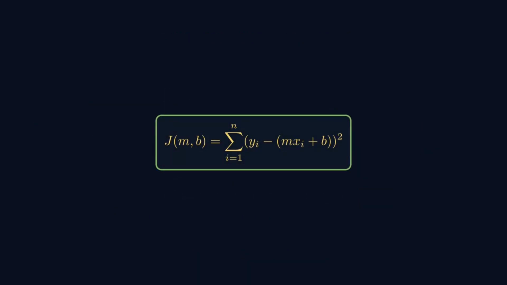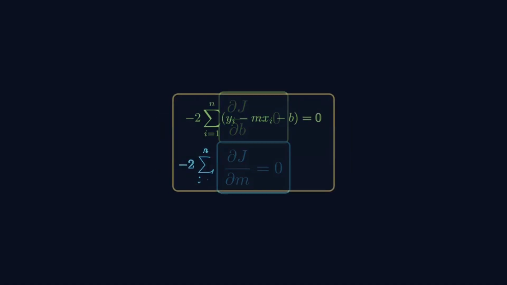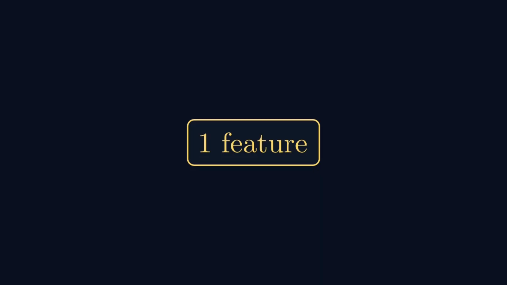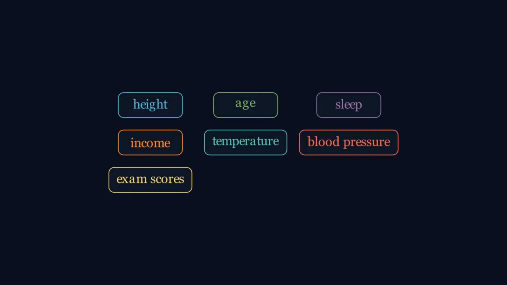So we found the line, we built squares, constructed a cost function, took derivatives, solved a system of equations, and finally arrived at the best answer for one feature. One. But real machine learning problems rarely look like this.